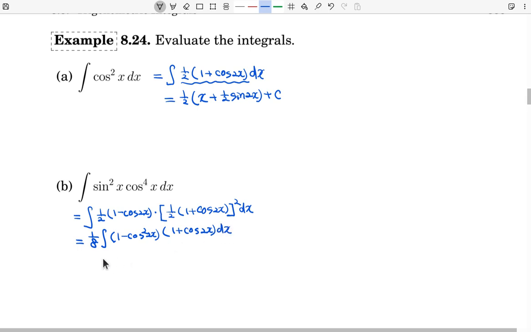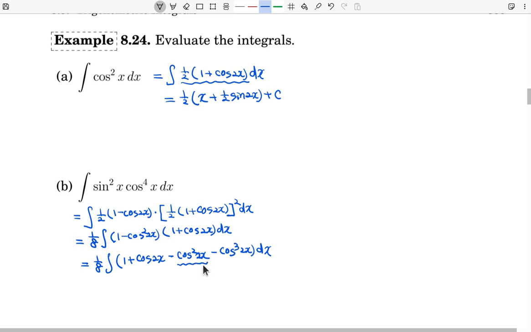Okay, for this one, let's read it again. Here the integral is the same as 1 plus cosine 2x, minus cosine squared 2x, and minus cosine third power 2x, dx, right? For these terms, you can find the antiderivative quite easily.